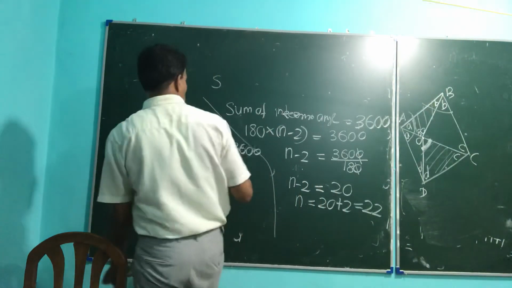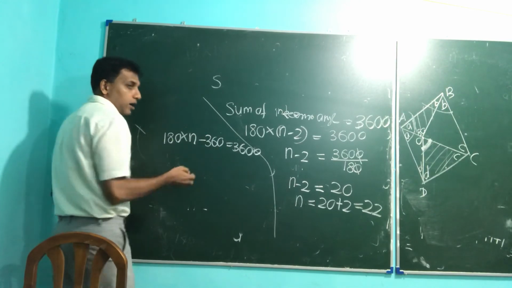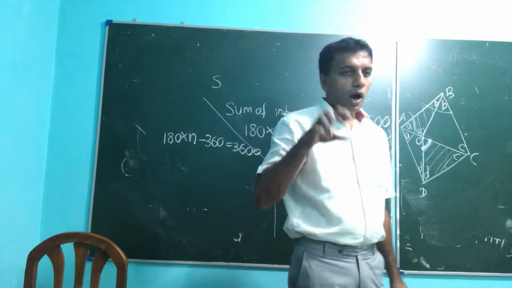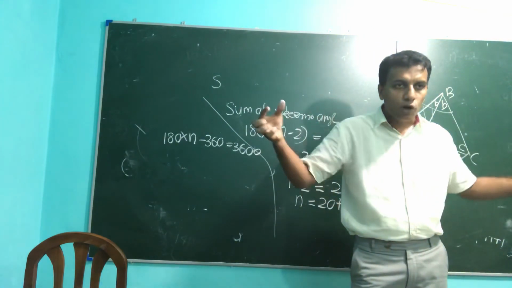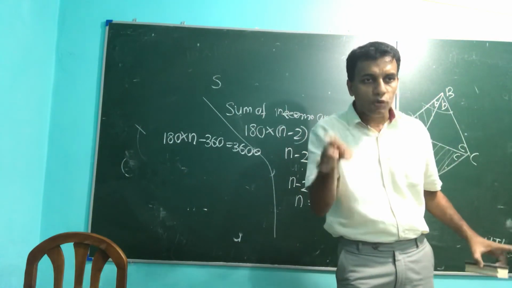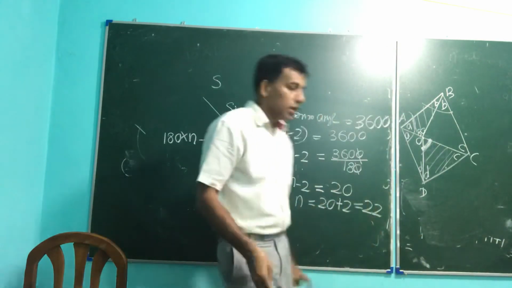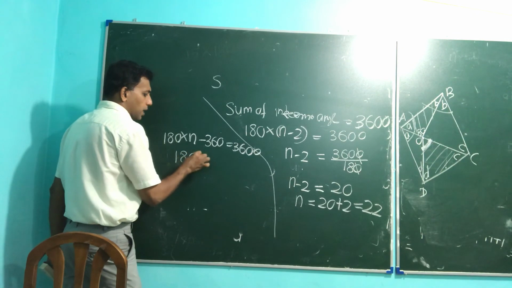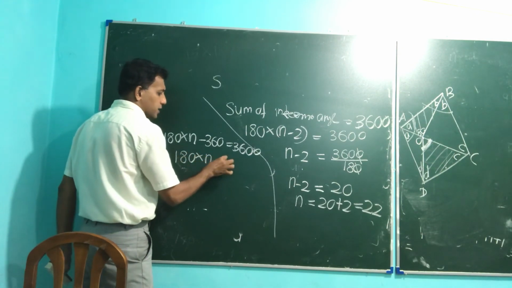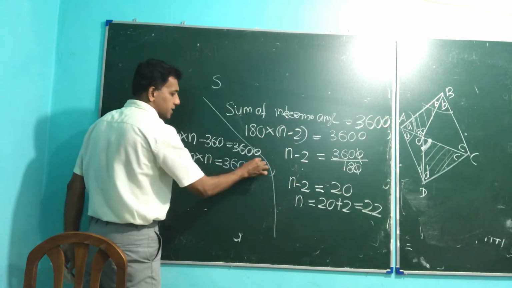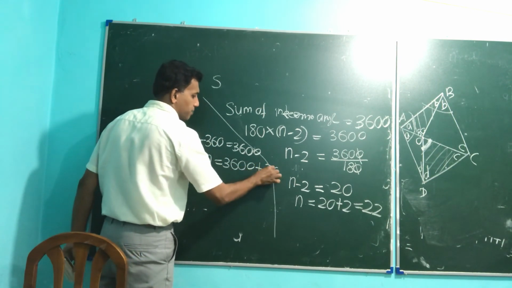Or if you use the other method, method 1: all the interior angles, how many triangles can be drawn to the center, subtract the middle, all surrounding a point, 360. Therefore 180 multiplied by n equals what? 3600. Take this to the other side, plus 360.